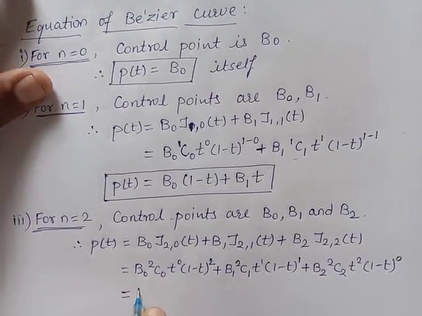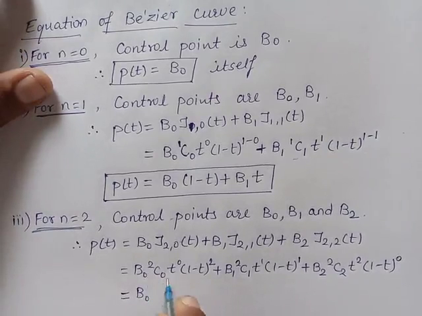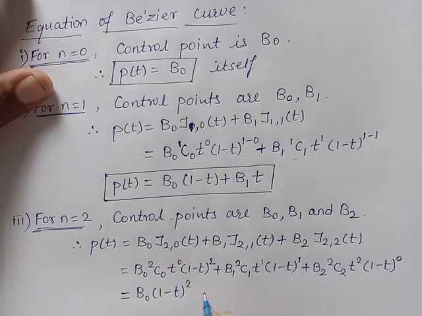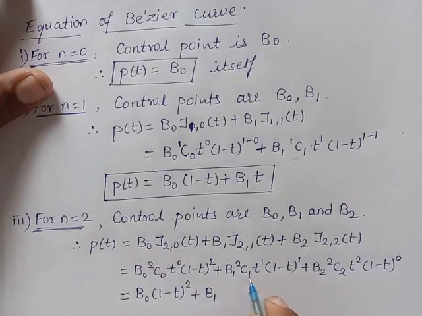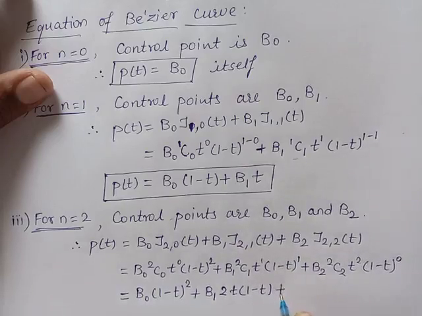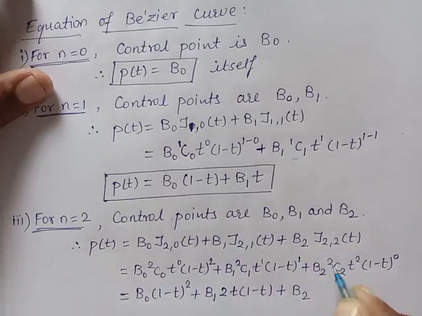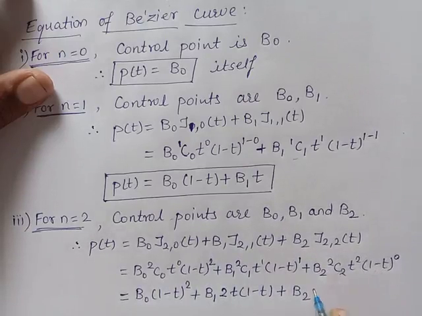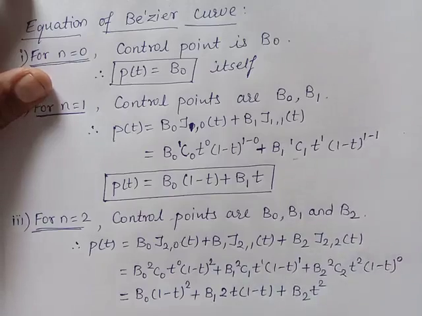So this is b0, this is 1, 1 minus t square, plus b1, this 2c1 will be 2 into t into 1 minus t, right, plus b2 2c2, this is 1, t square, and here this is 1, so this is t square simply.